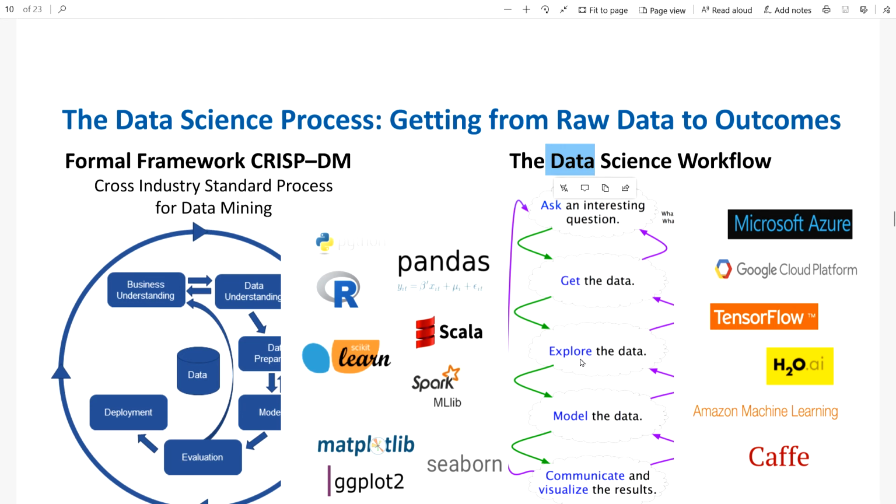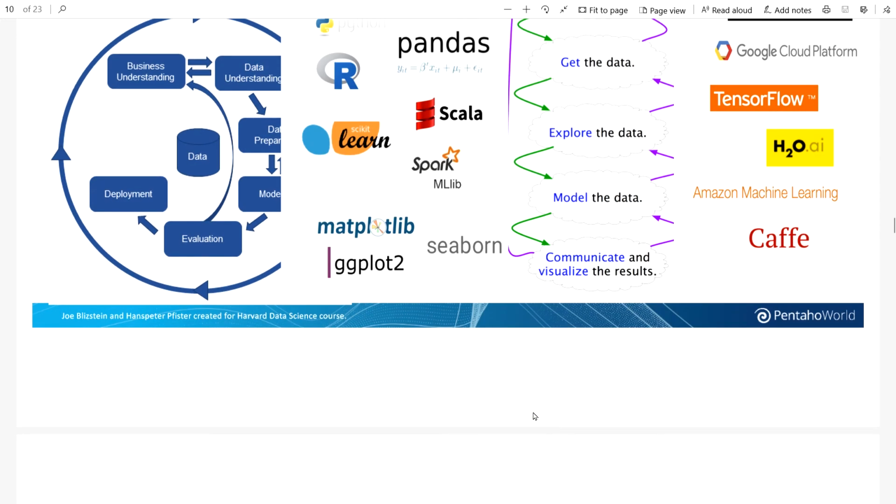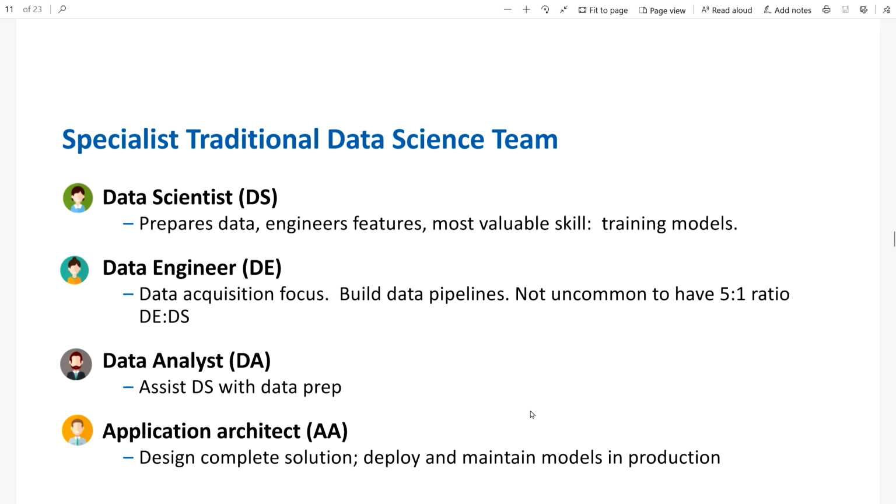After getting the data, we have to explore it, trying to find out patterns within the data. After finding the patterns, we model that data and communicate and visualize the results. Then there is the traditional data science team, which requires a data scientist who prepares data and engineers features, and the most valuable skill is training our models.